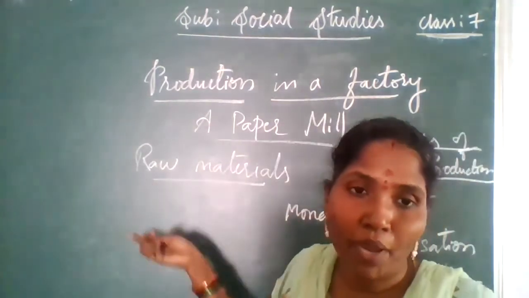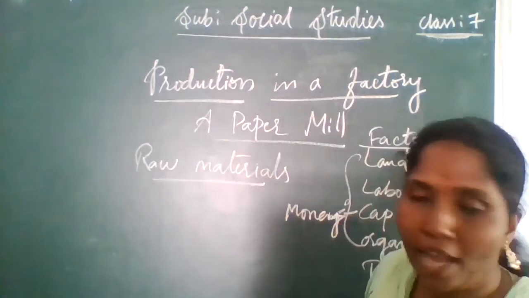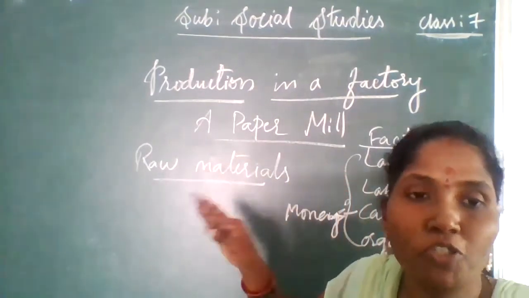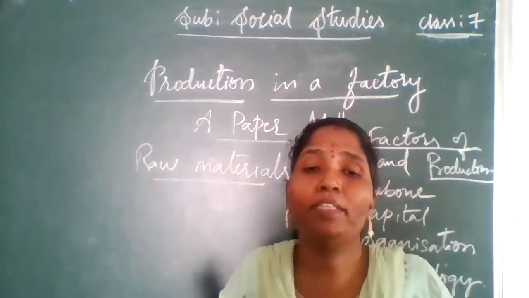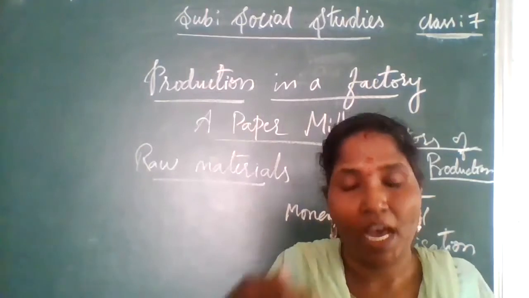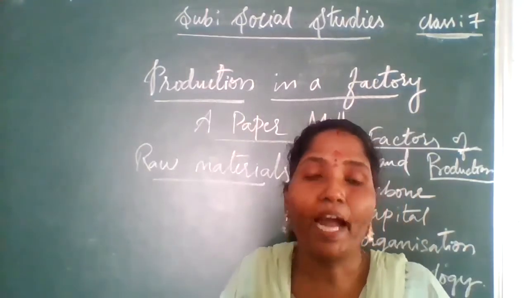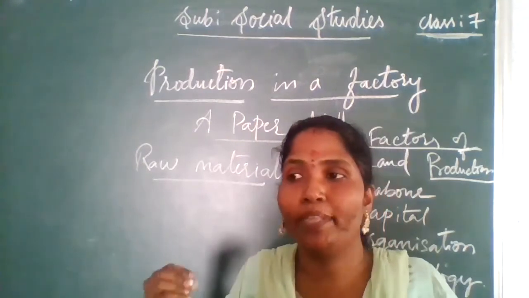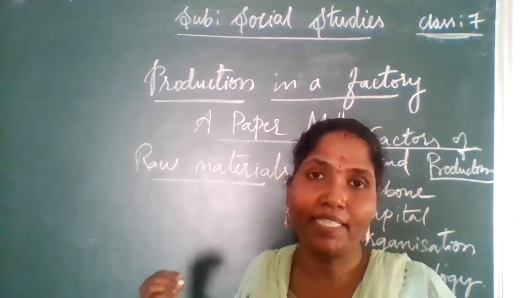Later on, now we are going to get into our topic, that is a paper mill. In order to prepare paper, what materials do we need, and how does the process go on? We are going to learn that in this lesson. First of all, where do we have these industries?